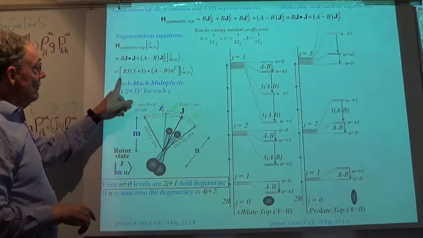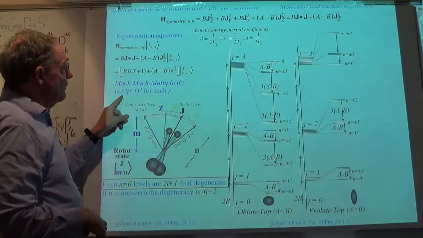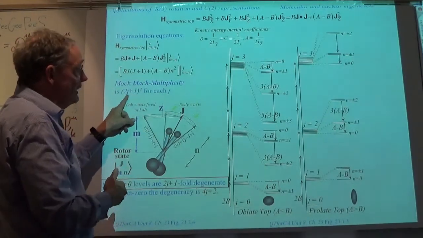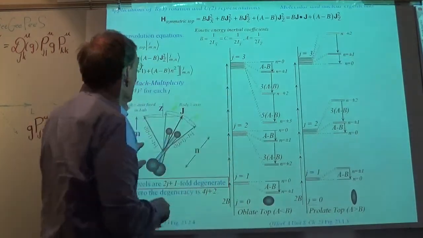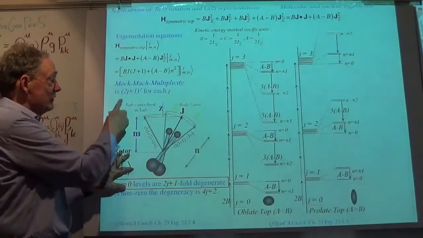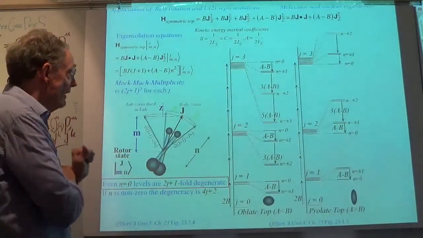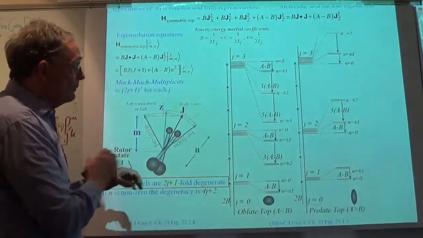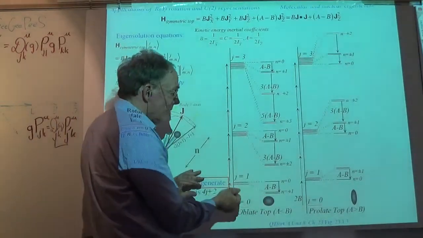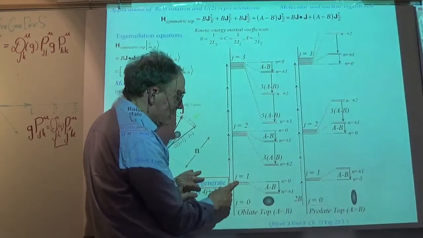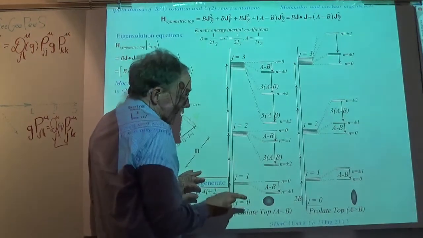Now, this is our formula, and right now every one of these j levels here, j equals 0, j equals 1, j equals 2, j equals 3, has much multiplicity. That is 2j plus 1 squared. Okay, but you're only seeing the 2j plus 1 on the diagram here. For j equal 0 you're seeing 1, big deal.